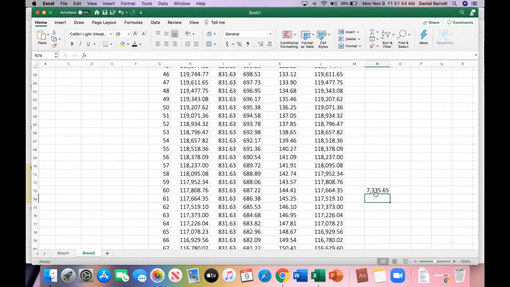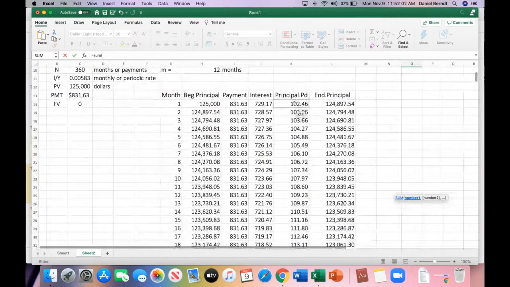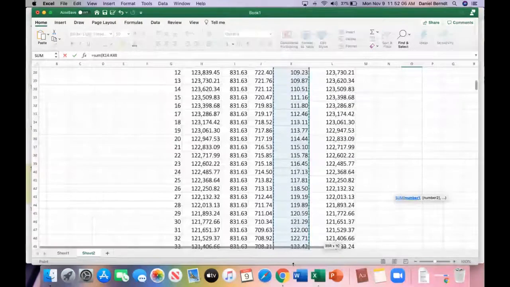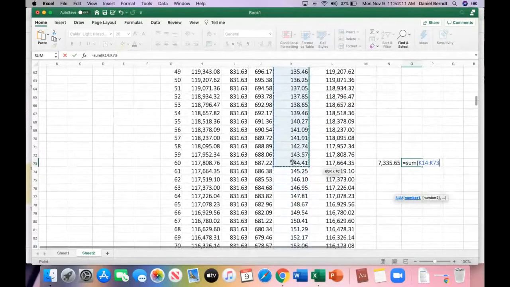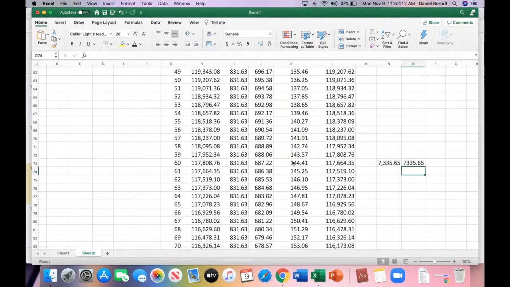That's one method. The other method is to use a sum formula, and they should produce the same answer. So you can use a sum formula, and you can start at the top here, principal paid, and grab every single cell all the way through payment 60. It's in that column. So right to there, and then close, and you should get the exact same answer.